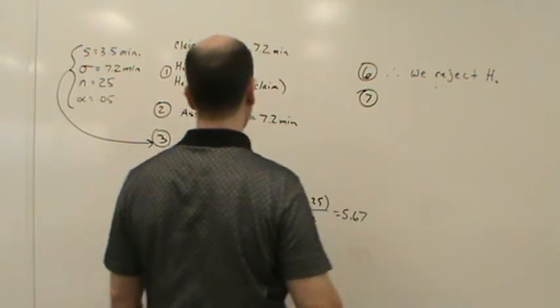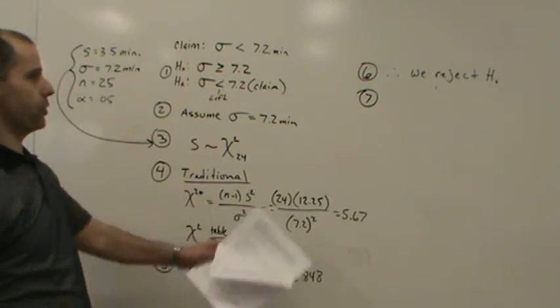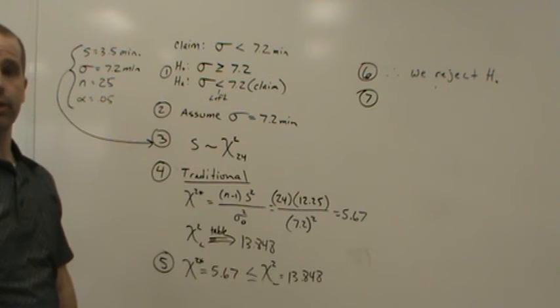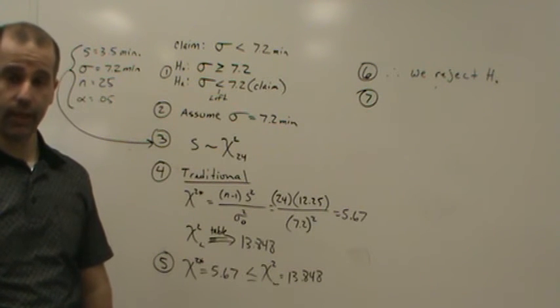Now we go back to the claim, and since we reject the null, there is strong evidence to support the claim.